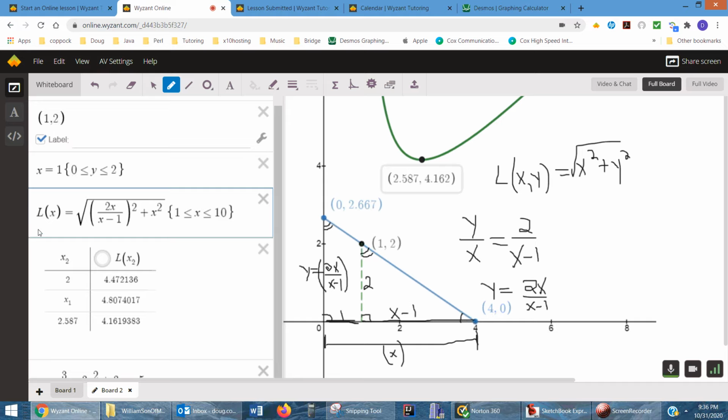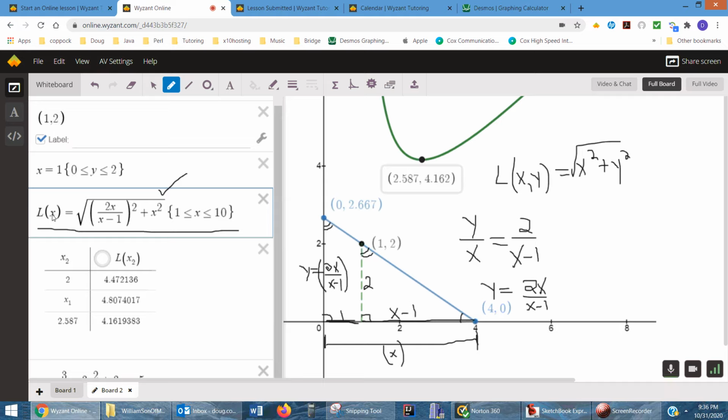And that's what this is right here. There's your formula. And when I graph that function, that's what we mean for part 2. So this is the answer to part 1 right here. This is the answer to part B.